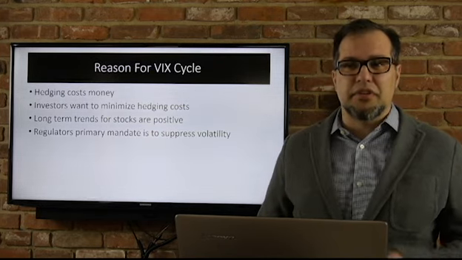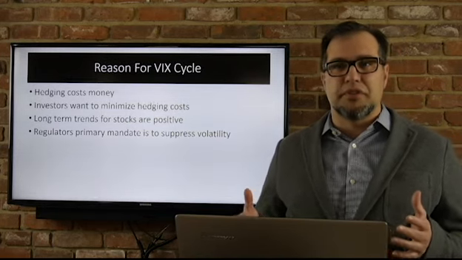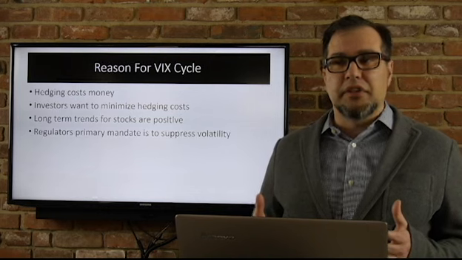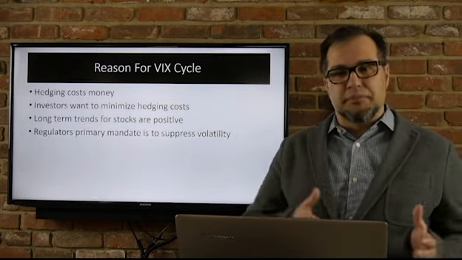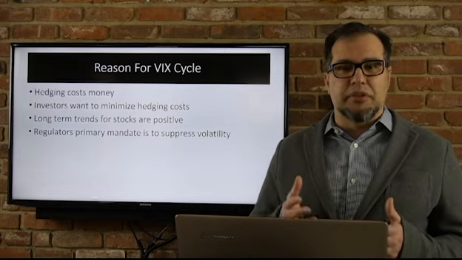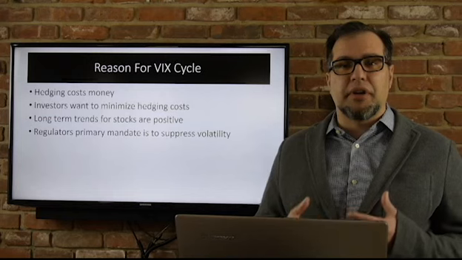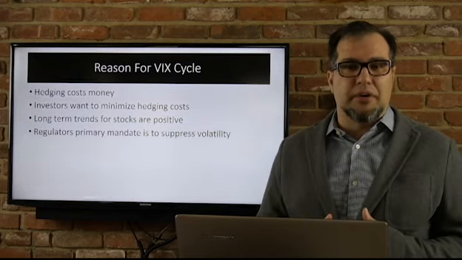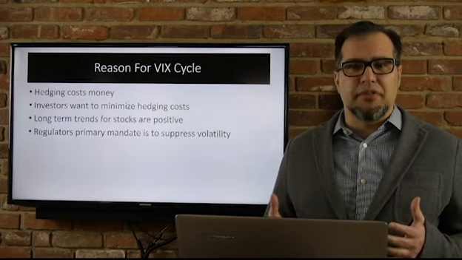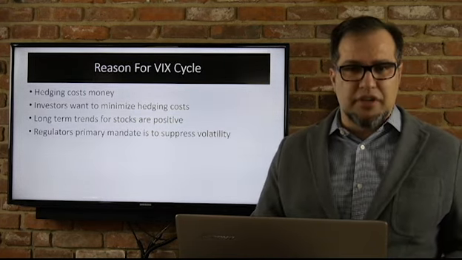And not to mention, governments around the world try to suppress volatility, so they enact measures which further dampen volatility. That's why the VIX cycle tends to be there: a big spike in the very beginning when something that people weren't expecting happens, and then as the situation gets under control, the VIX tends to go down. This has been happening for over 20 years, so there's no reason to think this would change anytime soon.